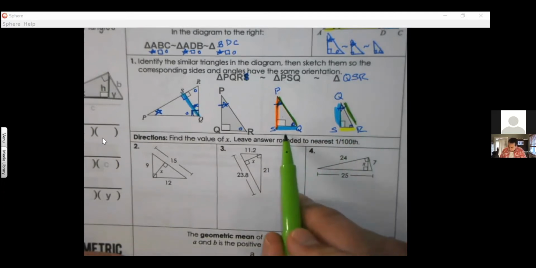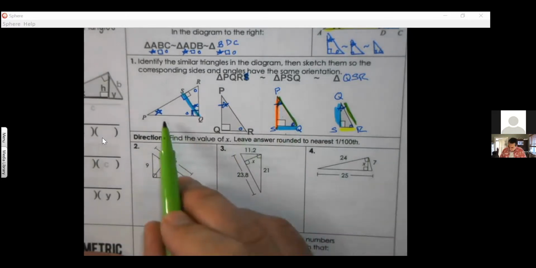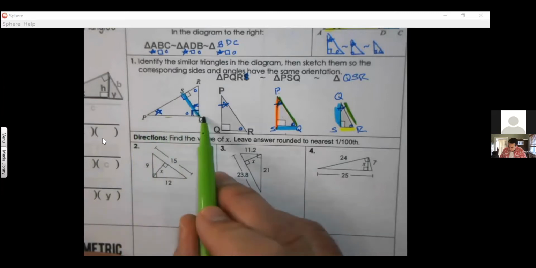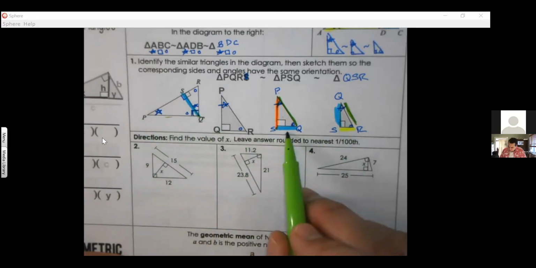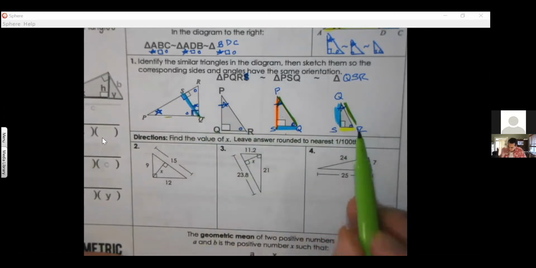Could I say that SQ is to PQ? Let's see, SQ is to PQ, that's a whole side, as SR, that's a partial side, is to QR. That's not going to work either.